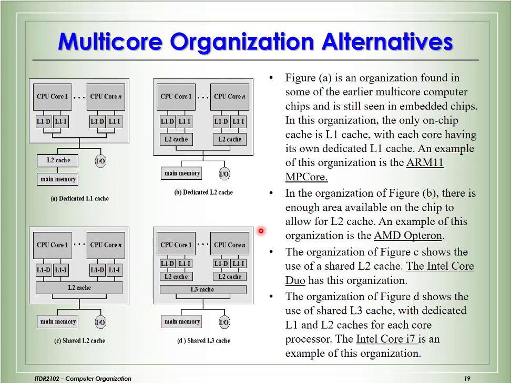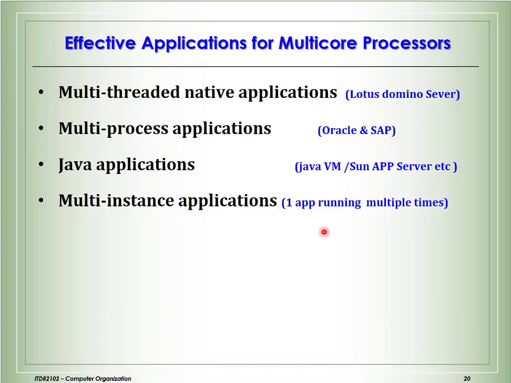Okay, so that's all. Next is what are the applications which work effectively on the multi-core processors, or you can say the performance of these applications is brilliant if they run on the multi-core processors.